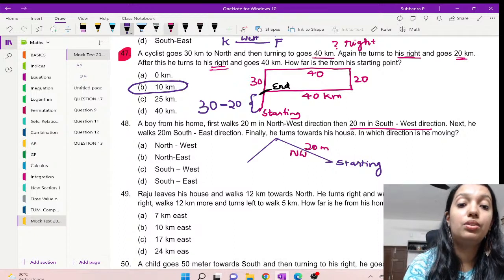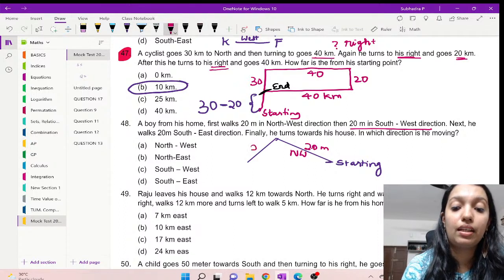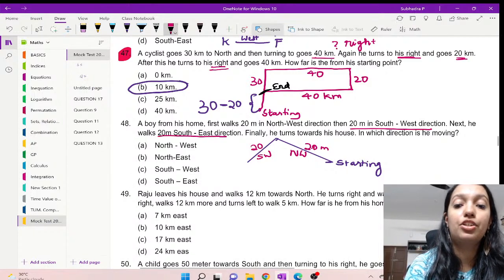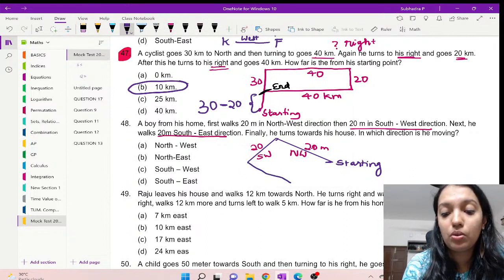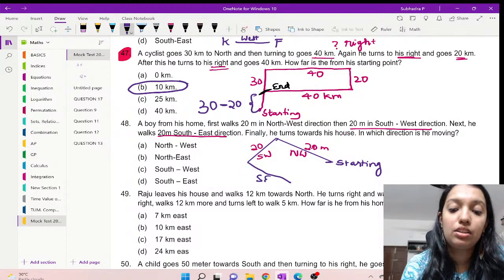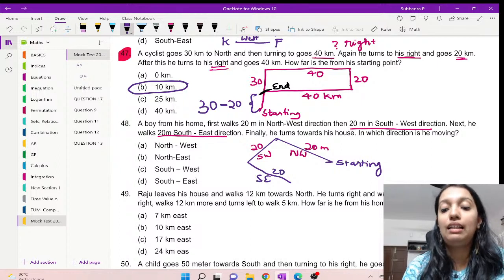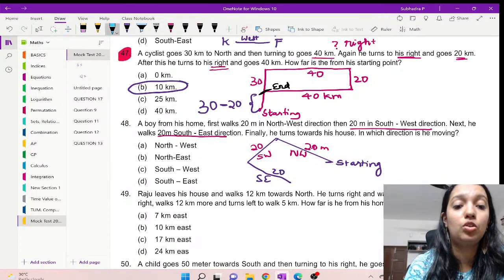So this is 20 meters again, southwest direction. 20 meters in southeast direction. From this point, southeast will be like this. Southeast 20. And then he turns towards his home.